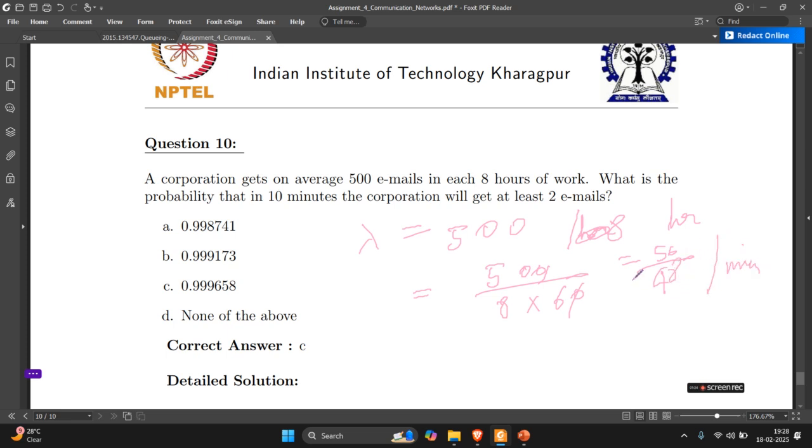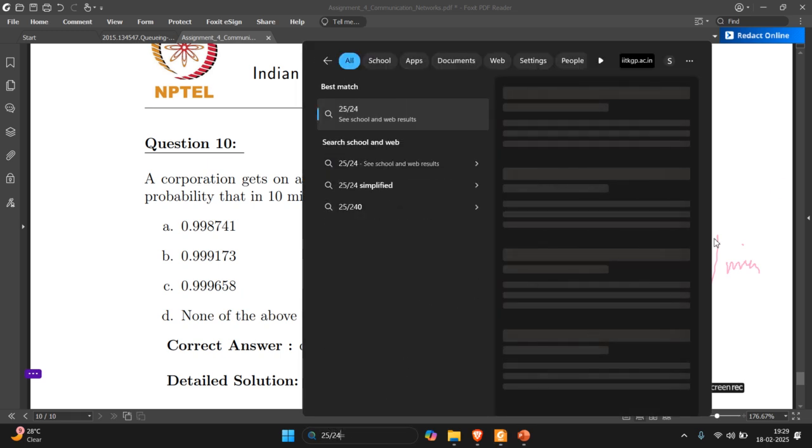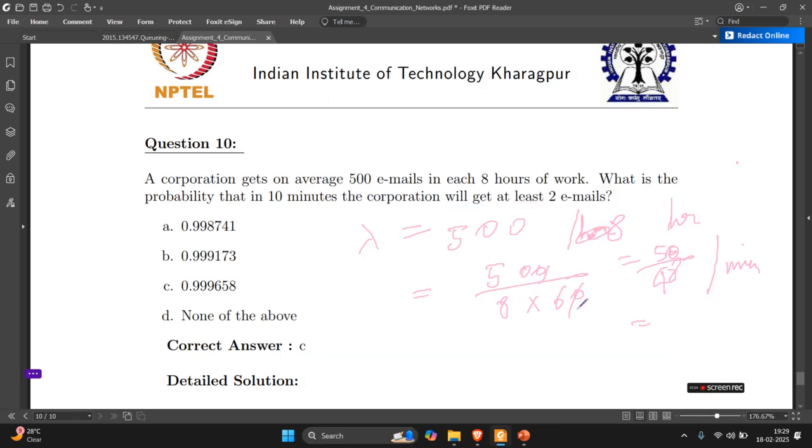So the rate is 50 by 48 per minute, or 25 by 24 per minute. 25 by 24 is 1.04. So there are 1.04 emails per minute.